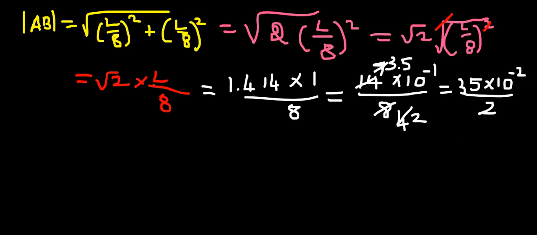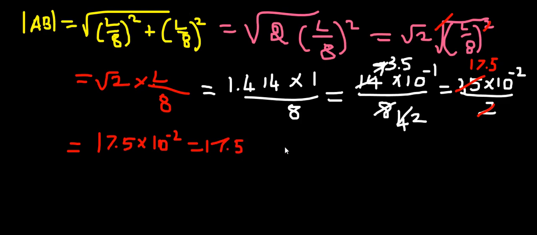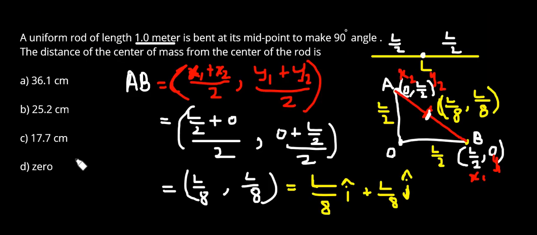So by continuing this equation, 35 can be written as 17.5 into 10 power minus 2, which is equal to 17.5 centimeter. 10 power minus 2 means centimeter. 17.5 centimeter is going to be the answer.